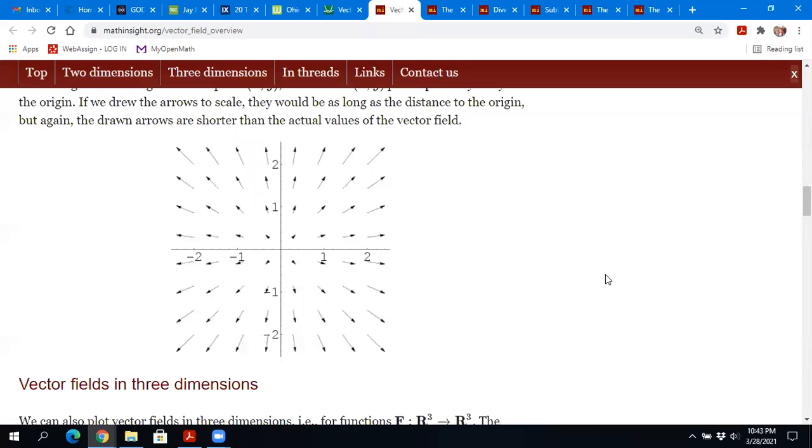So here it looks like almost like stuff is kind of exploding out of the origin, or is almost being created at the origin, okay? And it turns out that that's another phenomenon that we're going to want to study pretty soon. Like, how can I tell if at some point in a vector field, whether or not there's more material flowing out than flowing in to a given point overall?